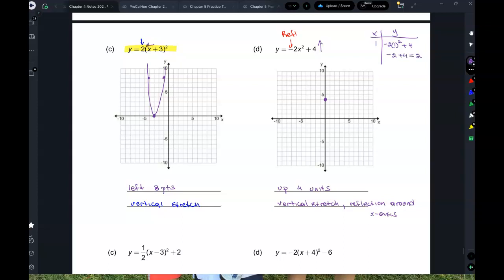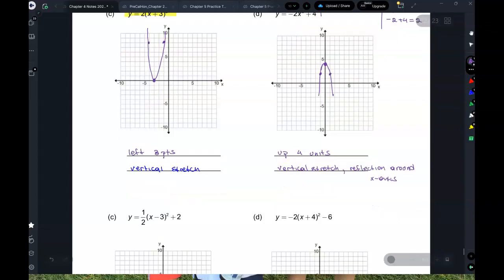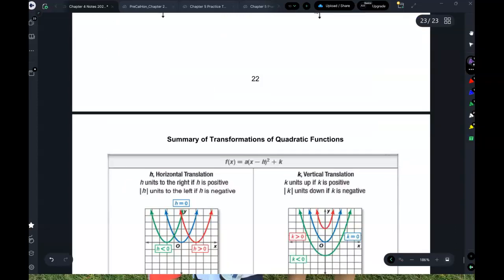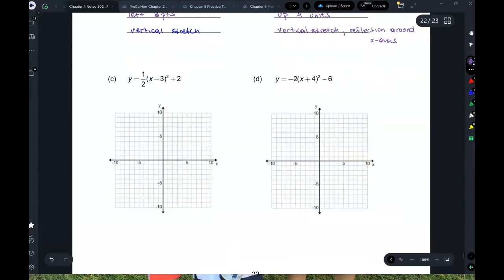Okay, you can also plug that into your calculator. So at 2, I have this, and I have this, and I graph, and it looks like this. Okay, so I am giving you so many different tools to be able to do this correctly on the test. Okay, all right, let's do a couple more.